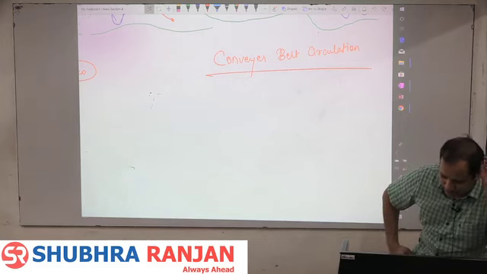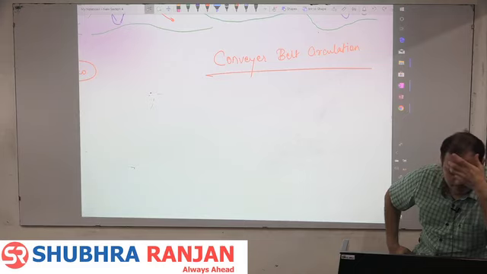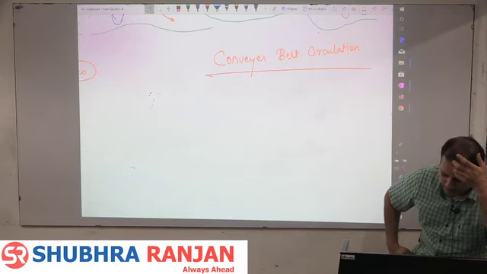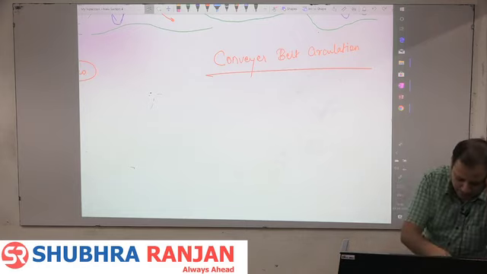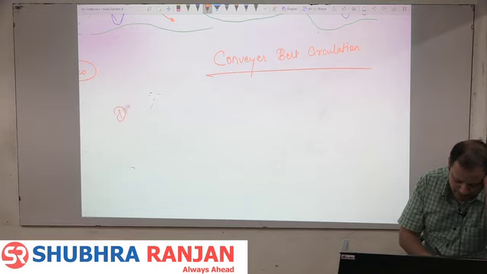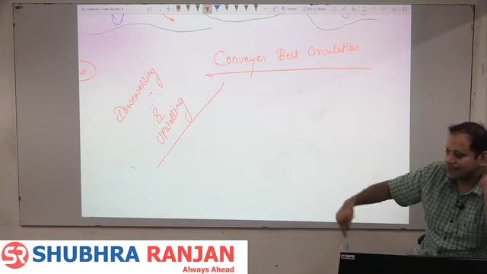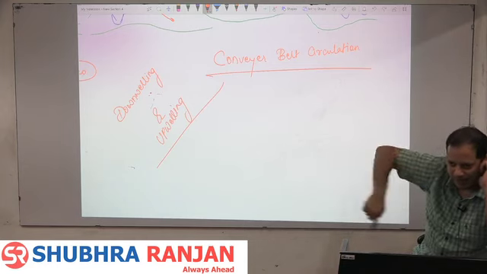This circulation causes exchange of surface water mass and deep ocean water mass by the process of downwelling and upwelling. जहां पे बेल्ट नीचे जा रहा है डाउनवेलिंग, जहां पे बेल्ट ऊपर आ रहा है अपवेलिंग.